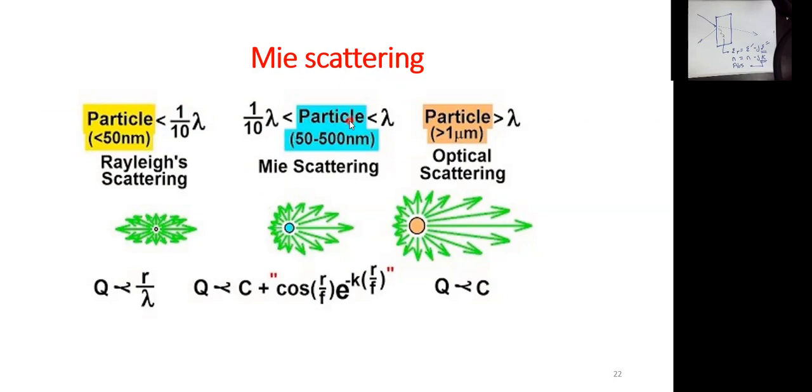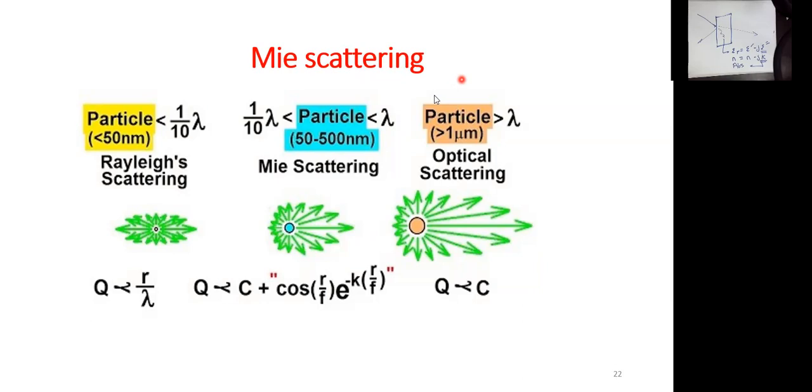The second is whenever the scattering particle is between lambda over 10 and lambda, so between, for example, 55 nanometers and 550 nanometers. In this case, we are going to deal with what's called the Mie scattering model. Finally, the third is whenever the scattering particle is too large, greater than lambda, greater than 550 nanometers, for example.